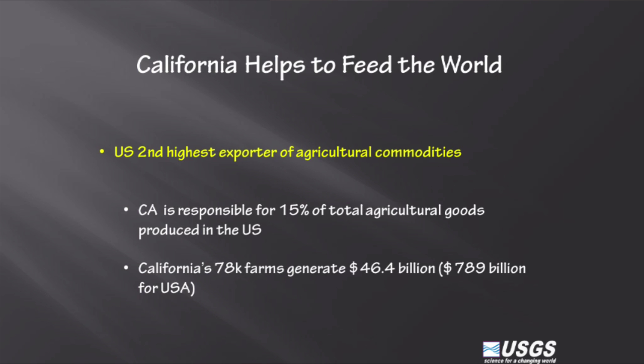And finally, California's 78,000 or so farms generate $46 billion of revenue, and in the United States as a whole, there's about $790 billion produced. So you can imagine that agriculture in California and the United States as a whole is very important for feeding the 7 billion plus people in our world.